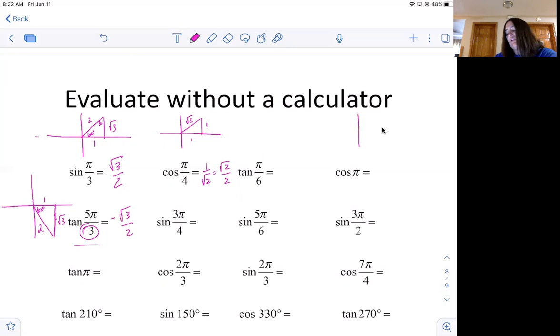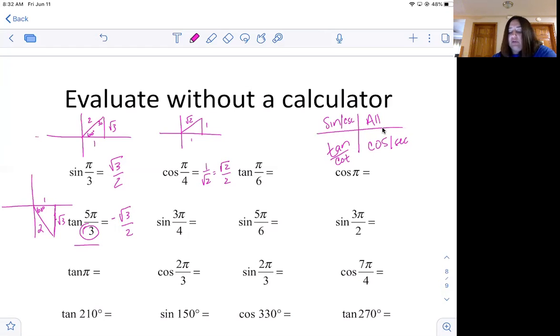And so what you'll need to remember as you're going through and filling these in is all of your functions are positive here. Sine is positive, tangent is positive, and cosine is positive. And their reciprocal functions are as well. So cosecant, secant, and cotangent. Okay, so those are the quadrants in which they are positive.